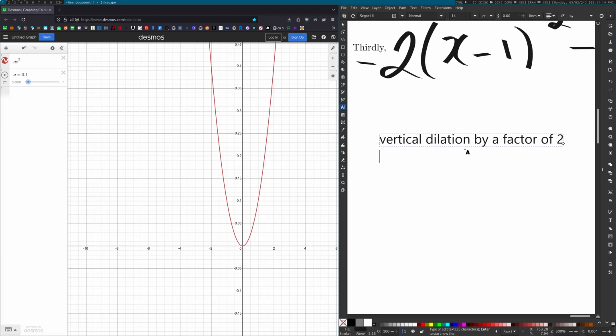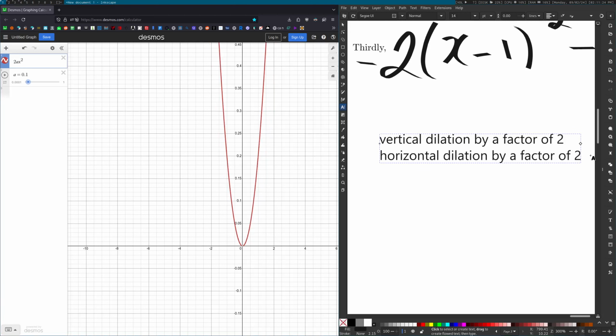If we do horizontal dilation by a factor of 2, well, no, that's not right, because it's by 1 over 2, usually 1 over k. So it's by 1 over 2.